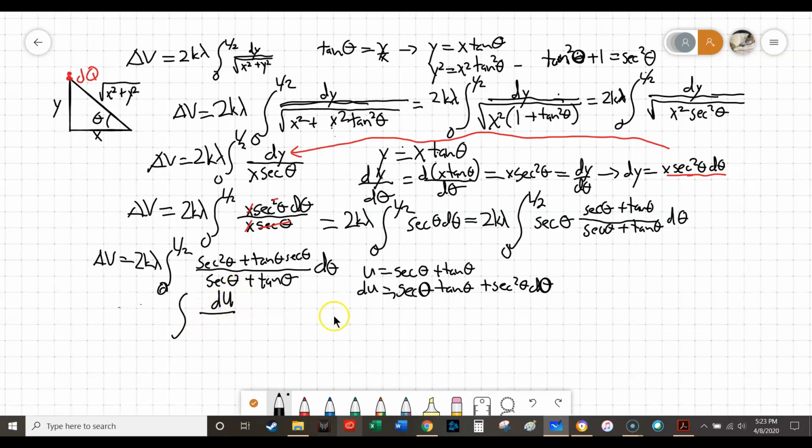And secant of theta plus tangent of theta is just u. So when you integrate this, you get the natural log of u plus c. Well, we're going to go ahead and use this.